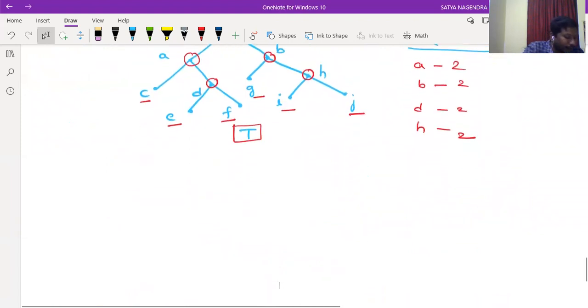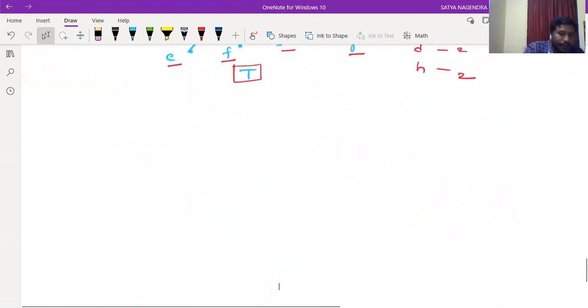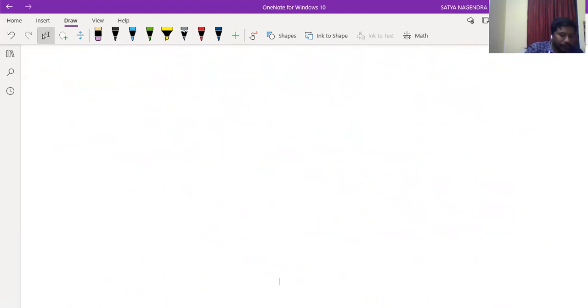So the next definition is balanced tree. What is a balanced tree?